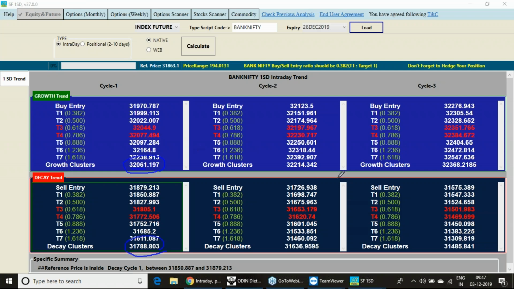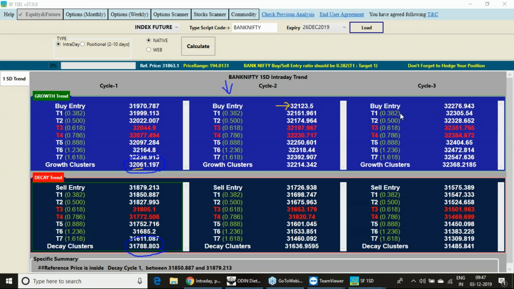Once it crosses above that, it can go to a different level. These growth and decay clusters can be utilized once the price enters the second cycle. The second cycle is 32,123. Once this price has come, you will use 32,061 as your stop loss. For that also it is utilized.